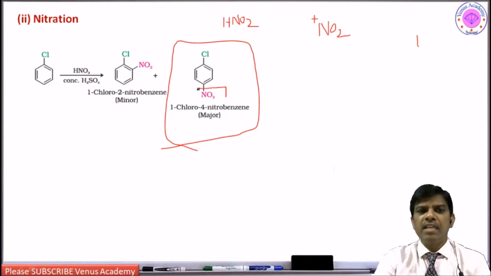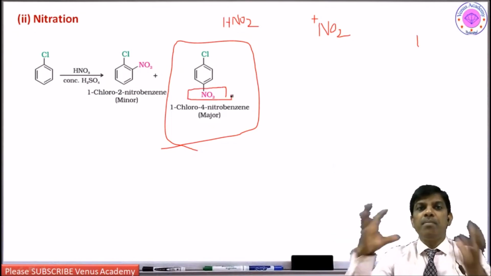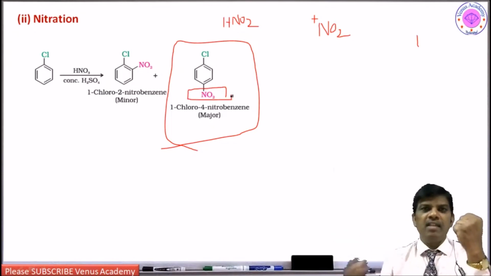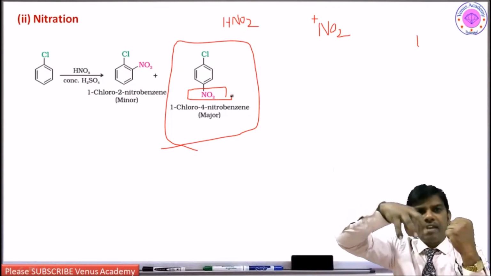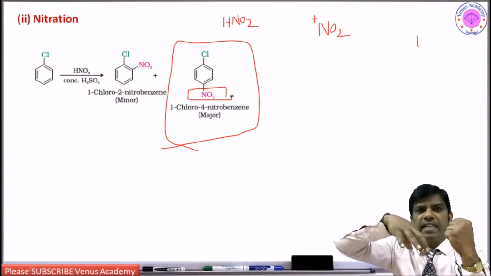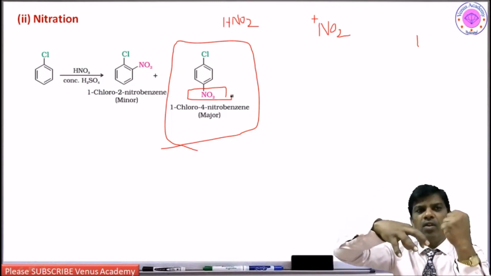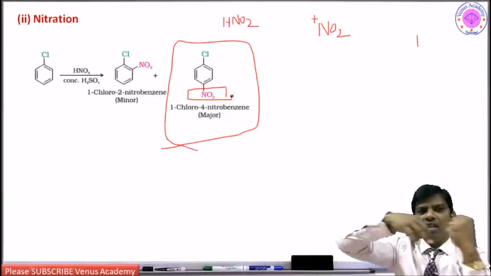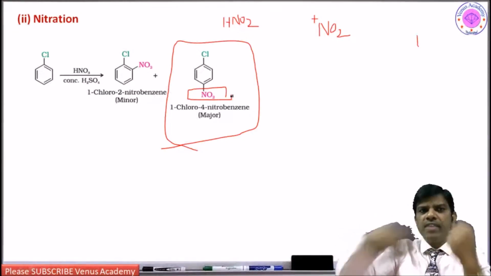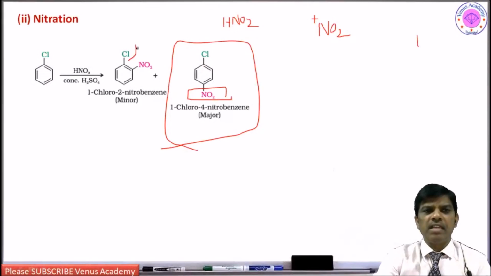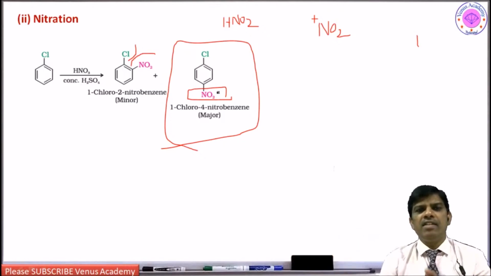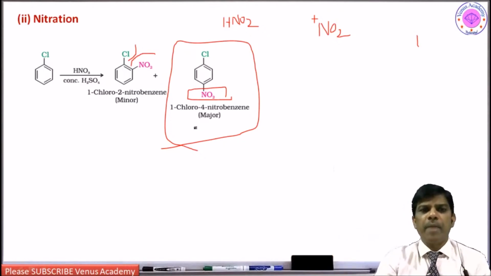Para is major because the nitro group is very bulky. Chlorine is already there, so when the nitro group wants to come to the ortho position it is tough, because of repulsion from the chlorine. Whereas the para position is free to enter. That is why formation of the para compound is major.